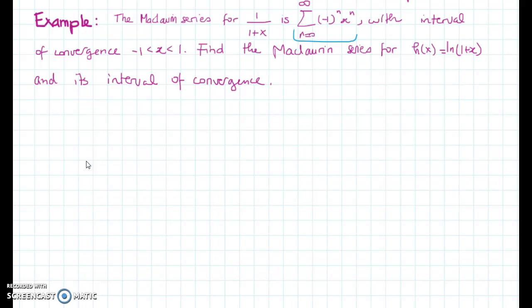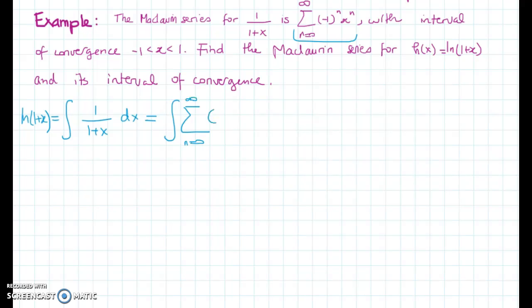So let's see this. What do we know? Well, we know that if we consider an antiderivative of 1 over 1 plus x dx, that's our function logarithm of 1 plus x. Well, it could be that plus a constant, but we know that it's an antiderivative. So we are going to apply what we just did. We are going to find the antiderivative of the series given to us as the Maclaurin series for the function 1 over 1 plus x.